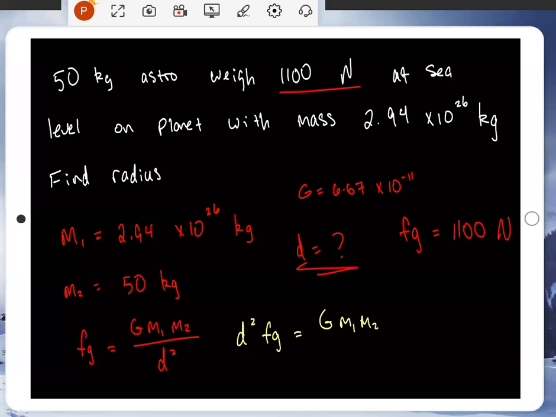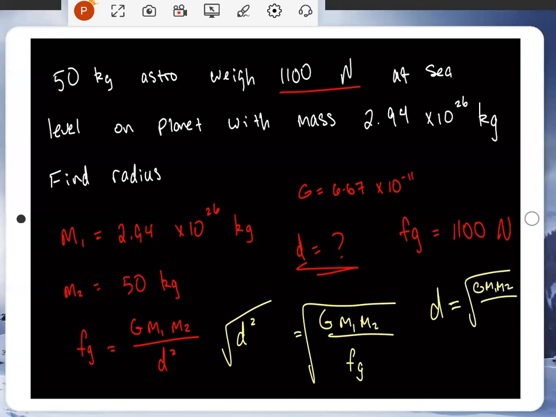You divide by FG, and then you get D squared equals GM1 M2 over FG, and then you square root both sides. Definitely, yes. And whenever you're solving for that distance, this is what you did. It's always the same. Hopefully you've seen that by now. And then we plug in the numbers, and if you want to go ahead, we can compare.